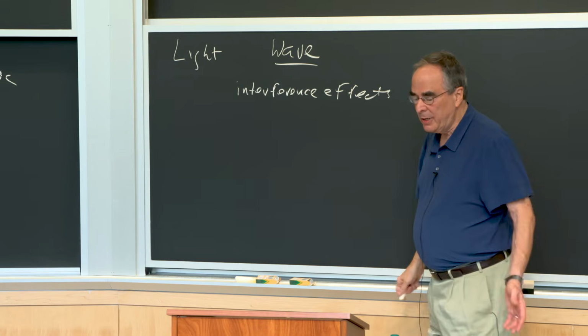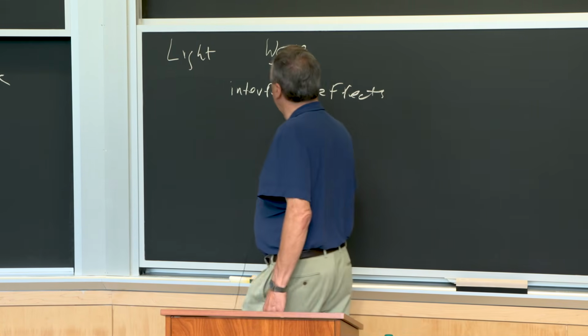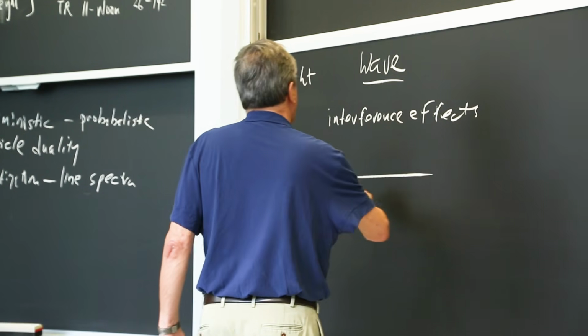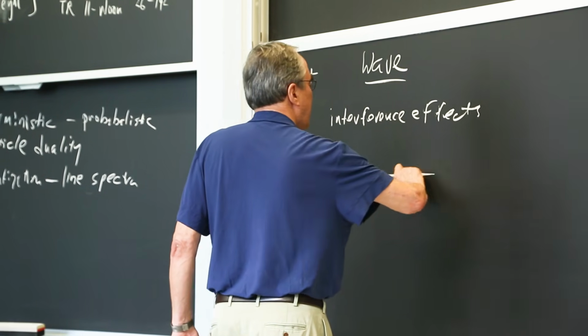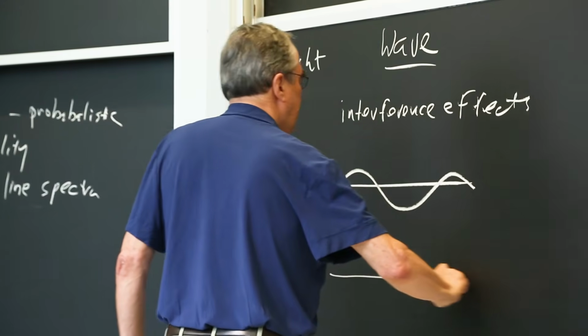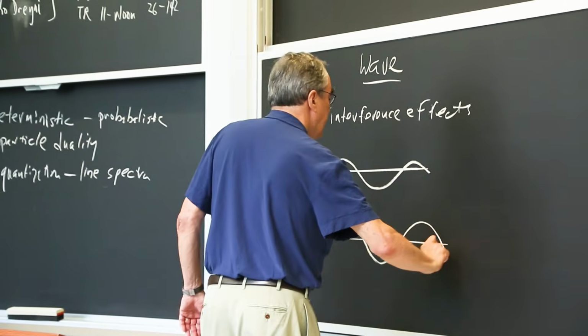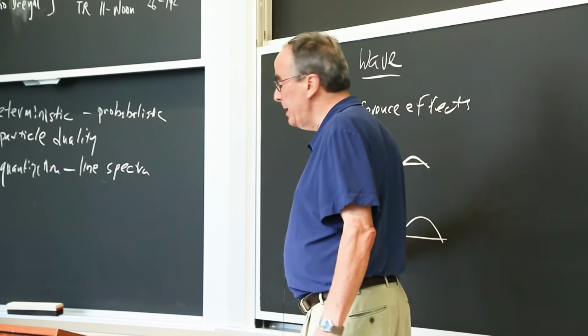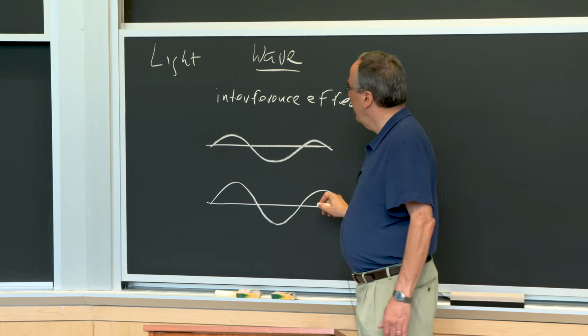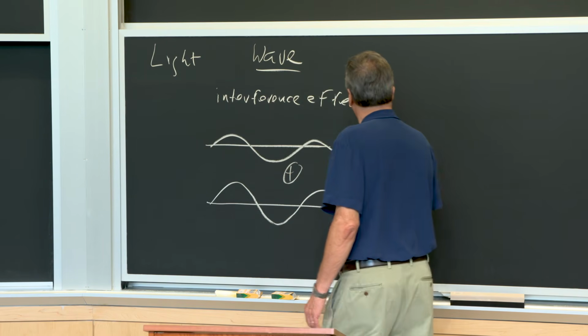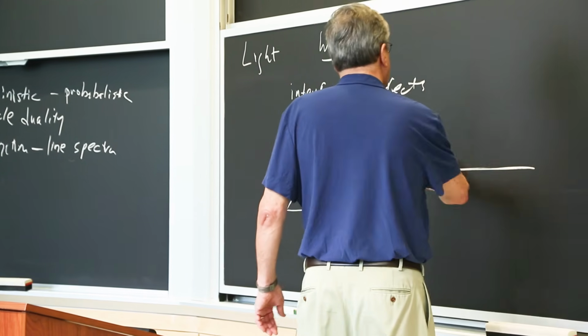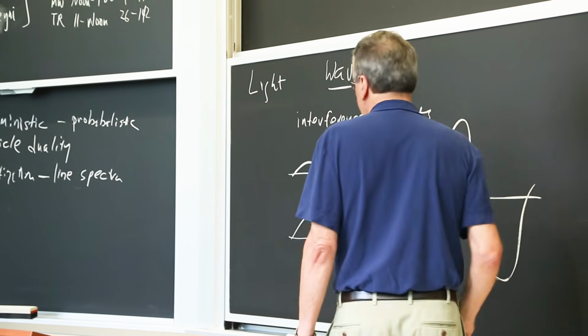So we can have just a sort of comic book picture or a cartoon. Here's a wave, and here's another wave, and this other wave has exactly the same frequency and phase. If we add these two together, we get something that looks like that.